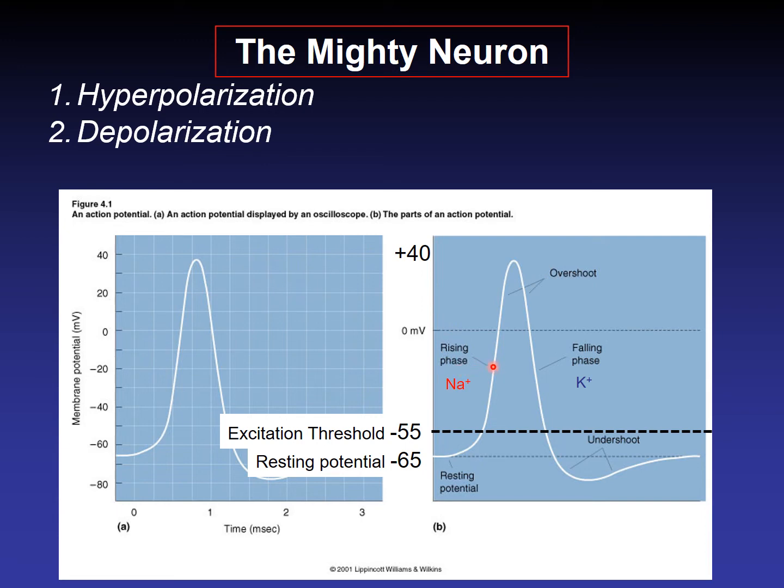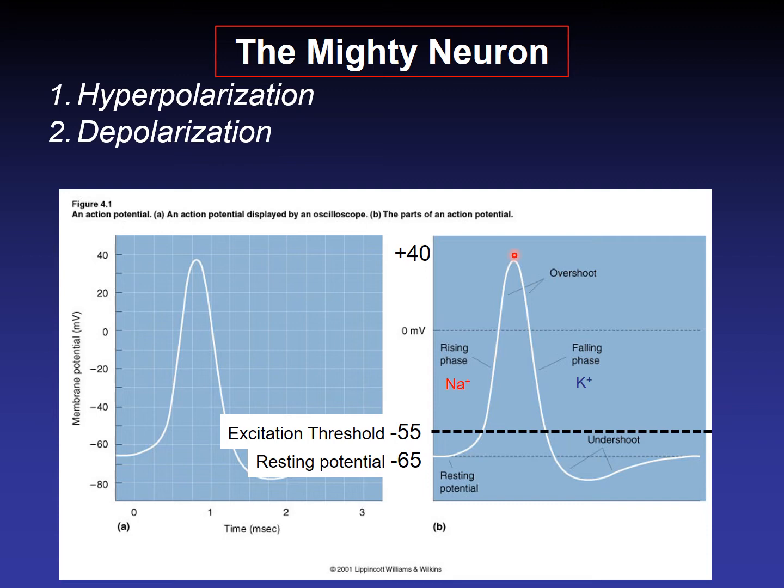This rising phase continues until the neuron reaches around positive 40 millivolts. This is referred to as the overshoot. It shoots over 0 millivolts up to almost positive 40. So this has been rapid depolarization of the neuron, creating this rising phase.